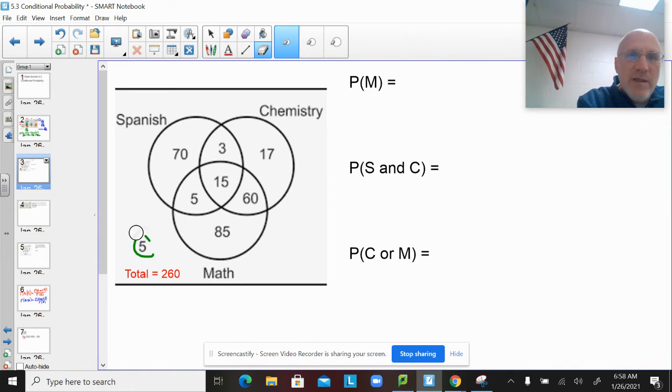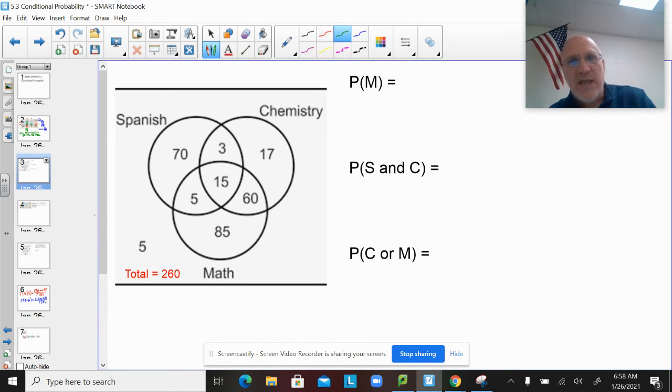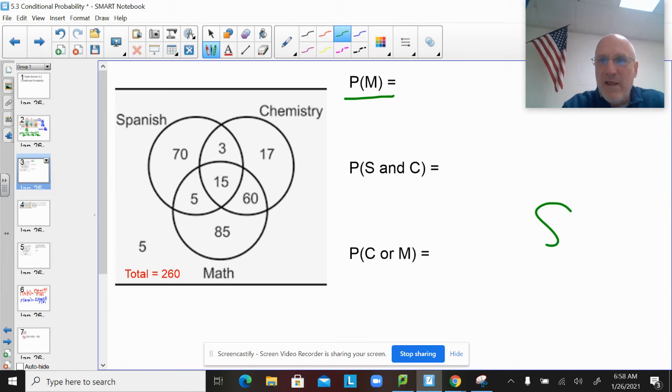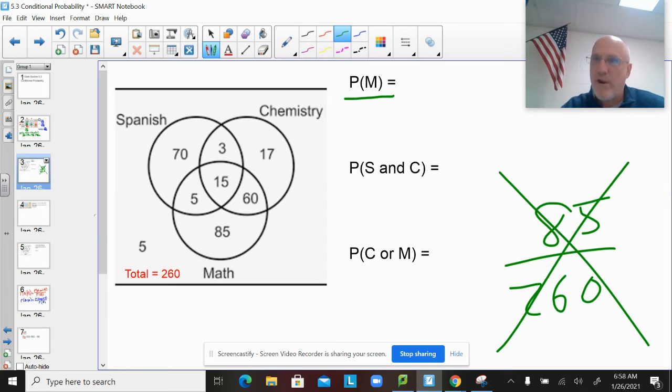All right. So now again, we need to be able to answer the same kinds of questions. So here's the first one. Most common mistake says the probability, if I randomly pick one person, what's the probability they are a math major? The answer is not 85 over 260. It is incredibly tempting to think that, but it's not.